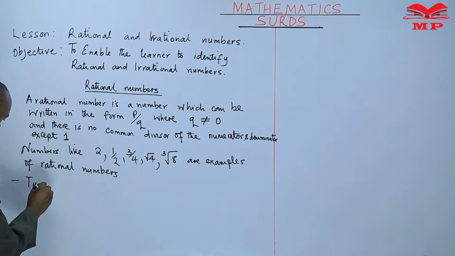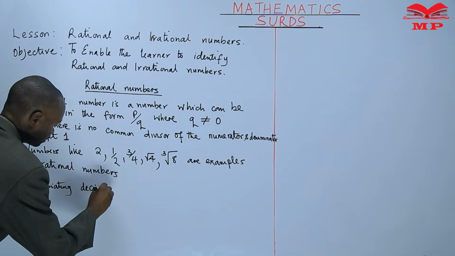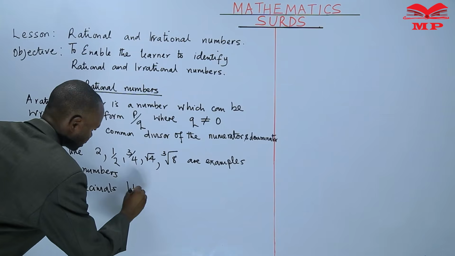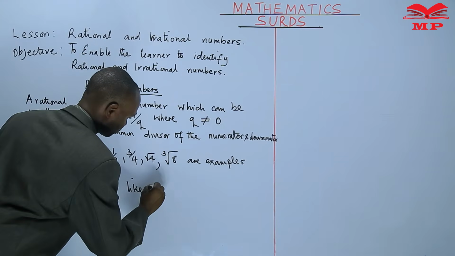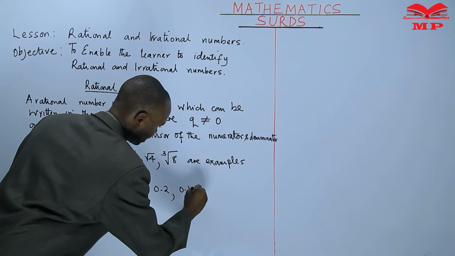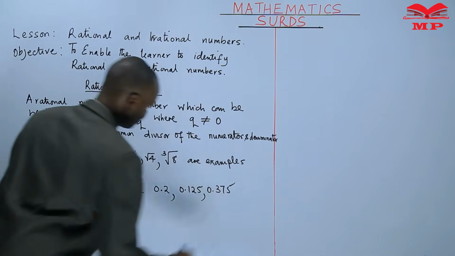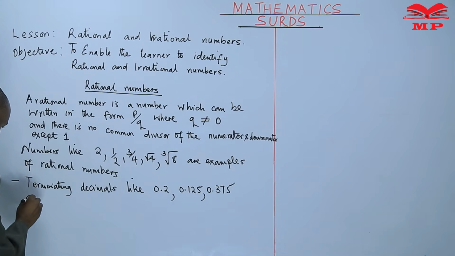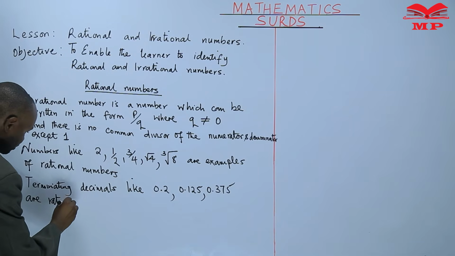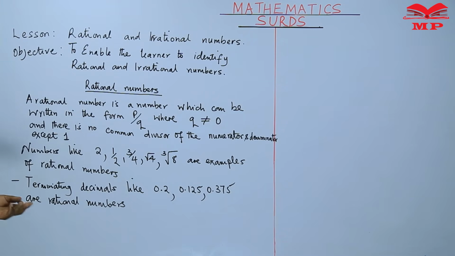Terminating decimals like 0.2, 0.125, and 0.375 are rational numbers. And one would ask why is that the case?